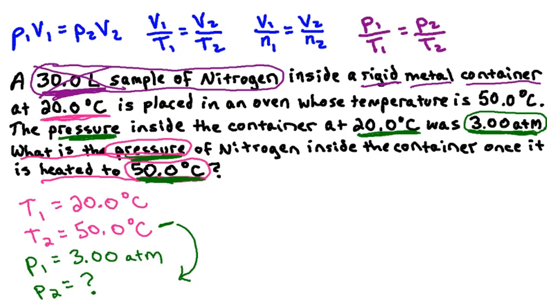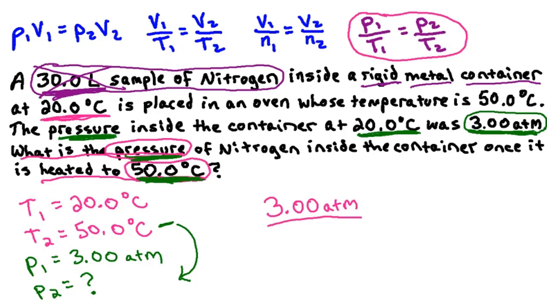So when we're doing Gay-Lussac's law, P1 over T1 equals P2 over T2, we have our P1, which is 3.00 atmospheres, divided by our T1, which is 20 degrees Celsius. But remember, we need to change this to kelvins.